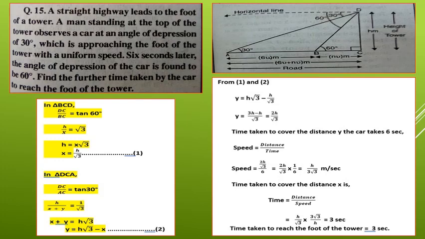Now from equation 1 and 2, we get Y is equal to H root 3 minus H by root 3. If we take LCM, we get Y is equal to 3H by root 3, that is equal to 2H by root 3.